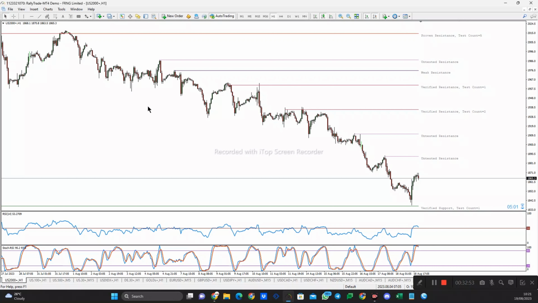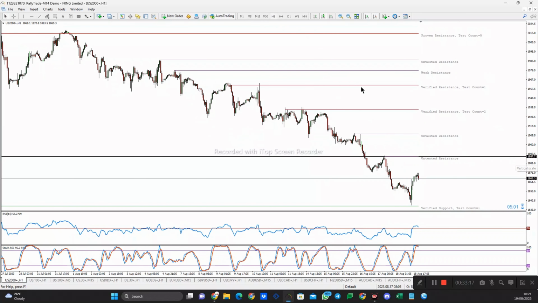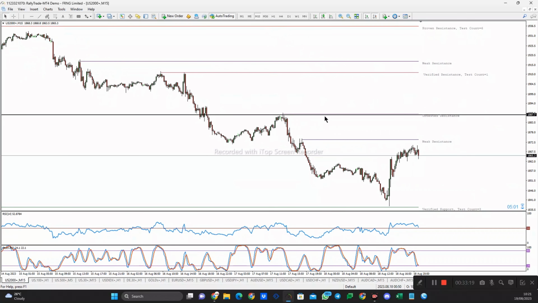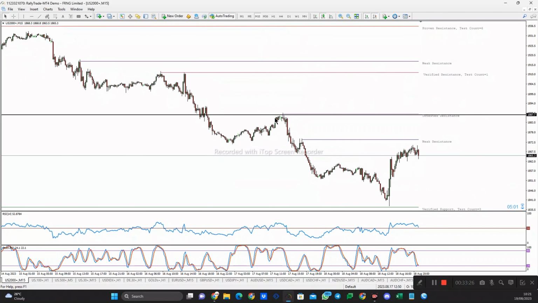With this indicator, if I go to 15 minutes, I know that this particular resistance line, 1887, I drew it from 1 hour, and I can trace it back to 15 minutes. You can see that on 1 hour there's a resistance, on 15 minutes there's also a resistance.